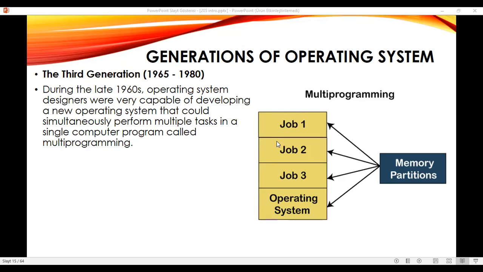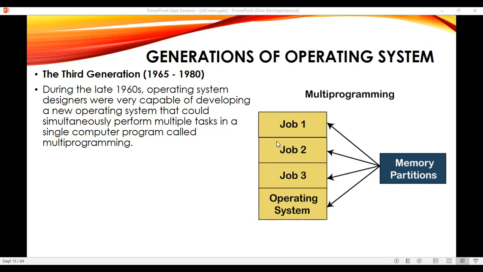Then I started the second student. In the second question, the student told me I need to go to the toilet. So what should I do? I have to wait until he comes back from the toilet, or I can continue with the third student. So this is a kind of multi-programming.